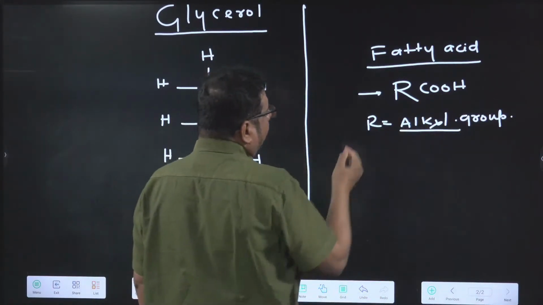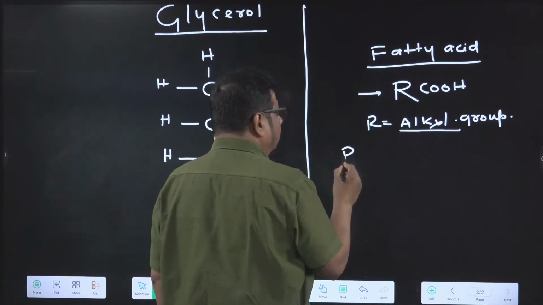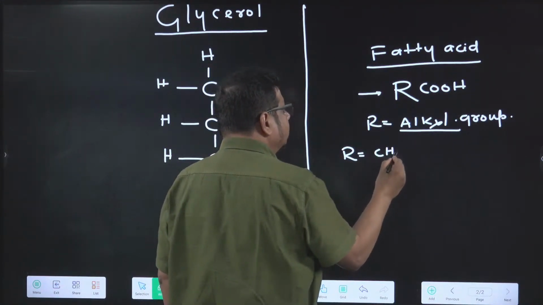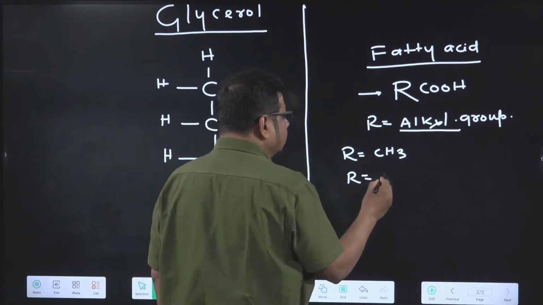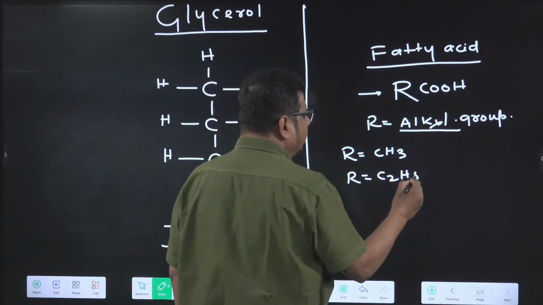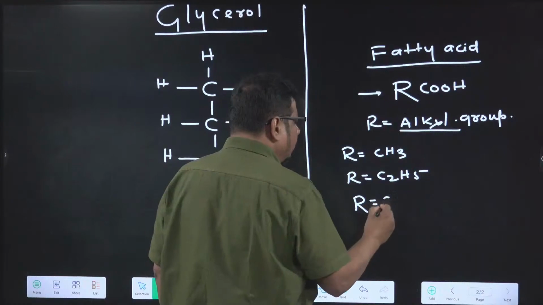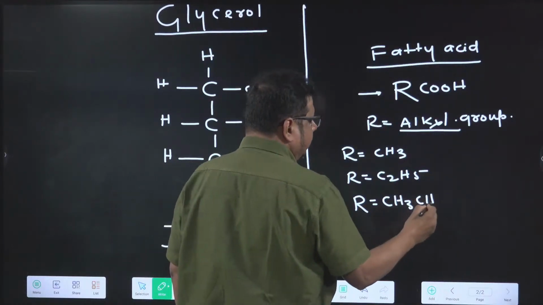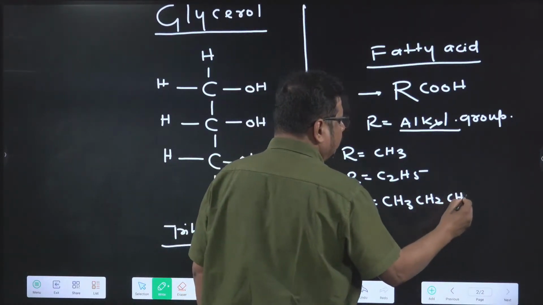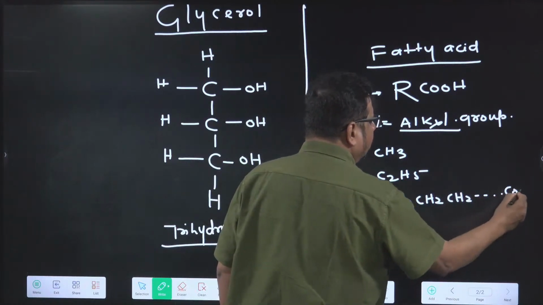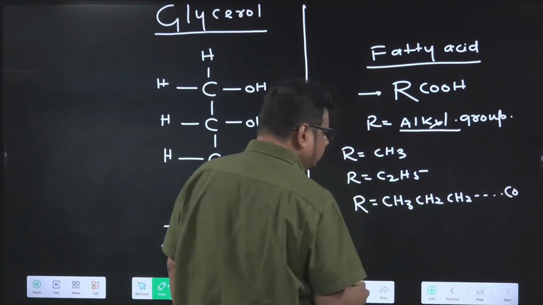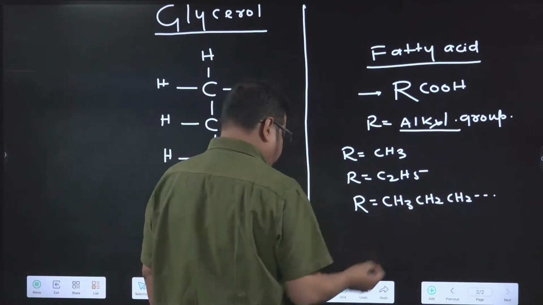Now R can be methyl, C2H5, or CH3, CH2, CH2 ... COOH. Getting the things or not? Simply, these are R basically.